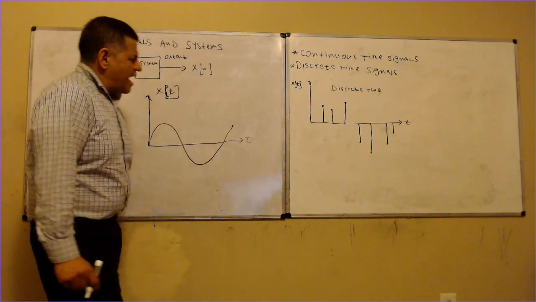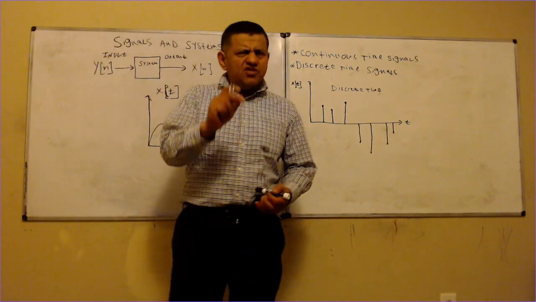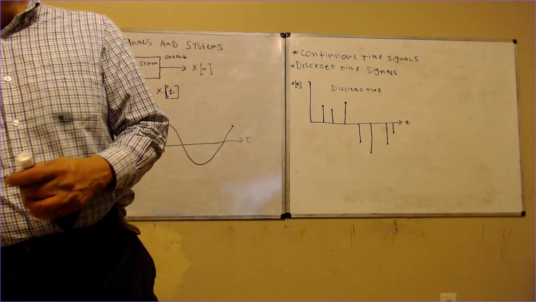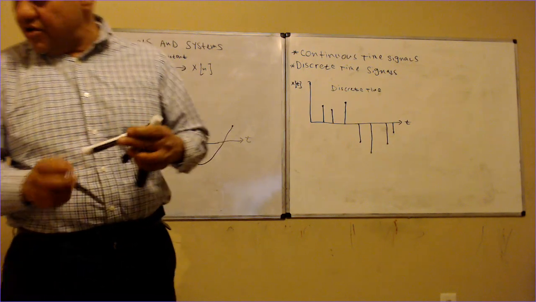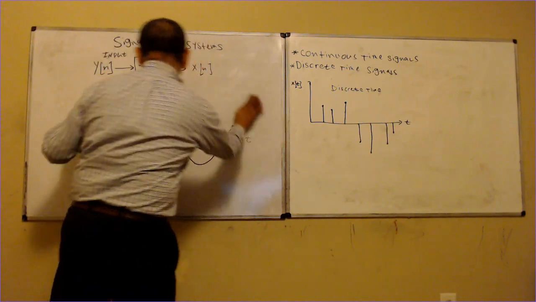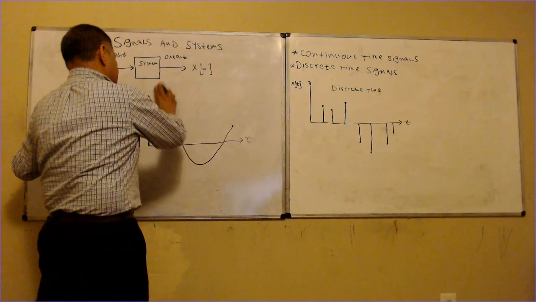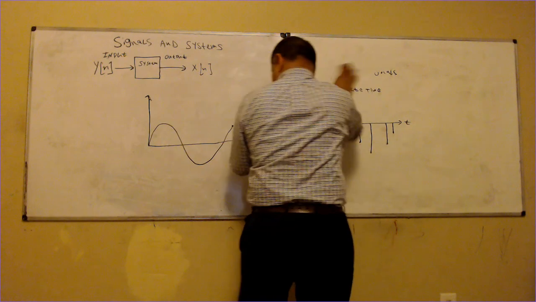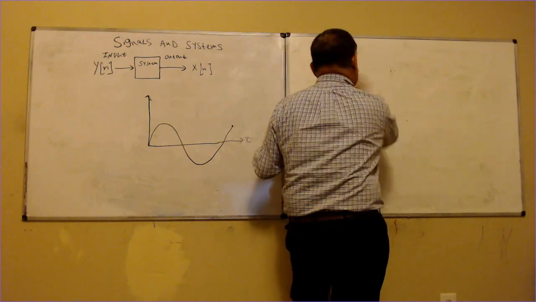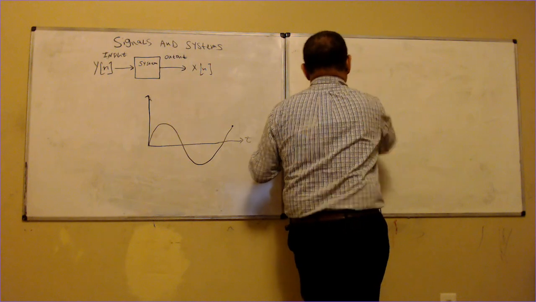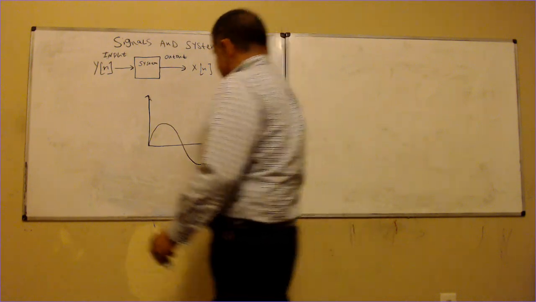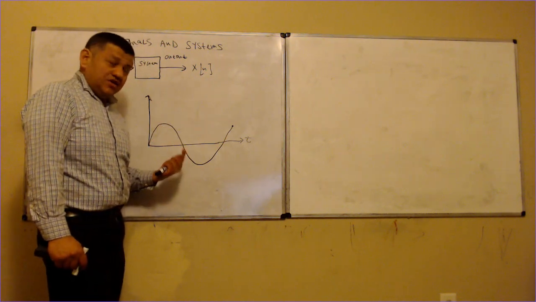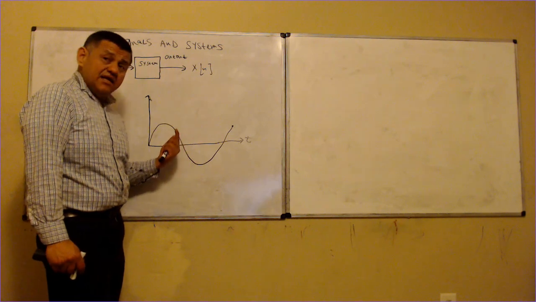So now let's talk about some signals. But I want you to try to grasp the idea of the difference between discrete time signal and continuous time signal.